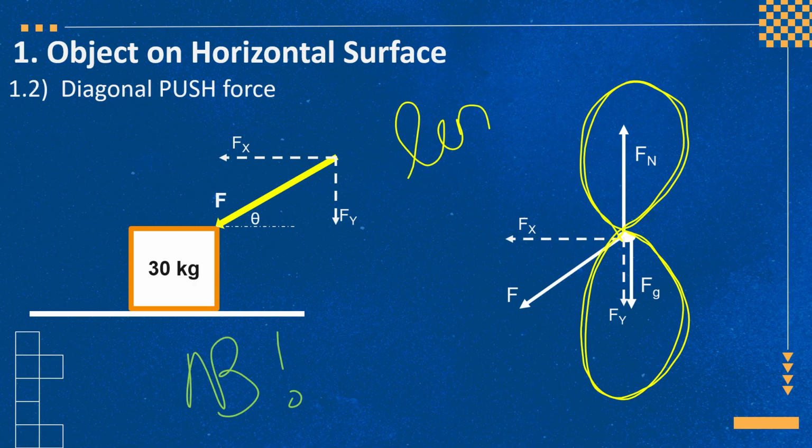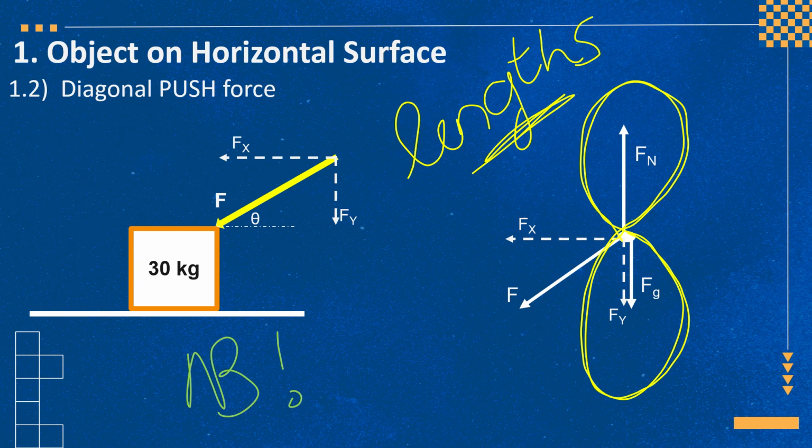And that is why I have drawn these specific lengths for the vectors. Anyway, that is why you can see that Fn is a little bit longer than Fg and Fy individually.